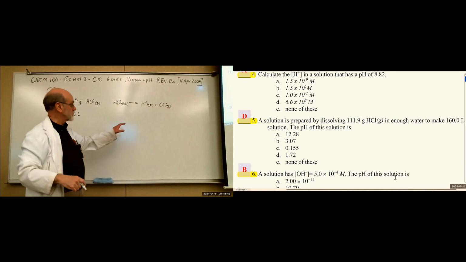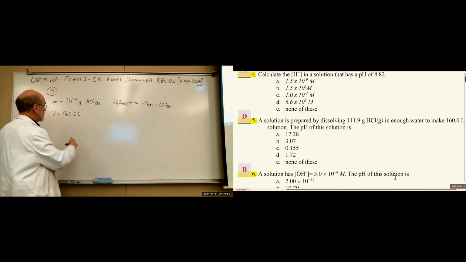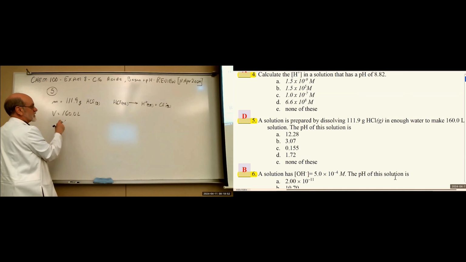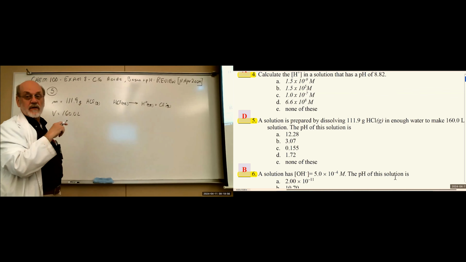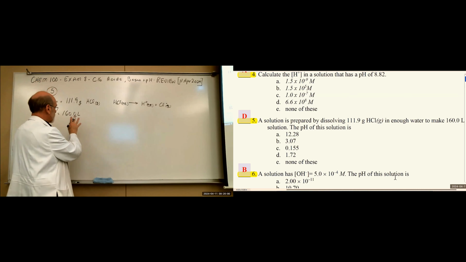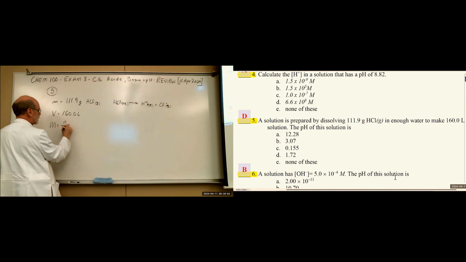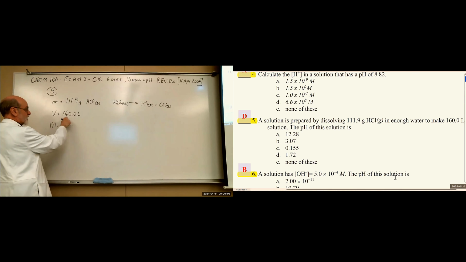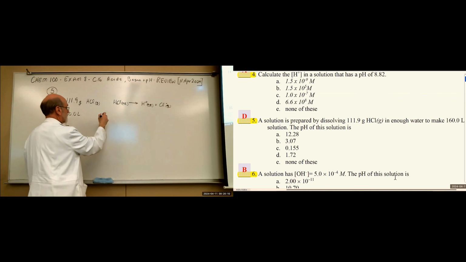That's what we need to know to find the pH, the concentration of hydrogen ions. So we need to find the concentration in terms of molarity. You've got to convert mass to moles before you can calculate the concentration. So molarity is moles per unit volume, and the volume has to be in liters, so that's good. It's already done.